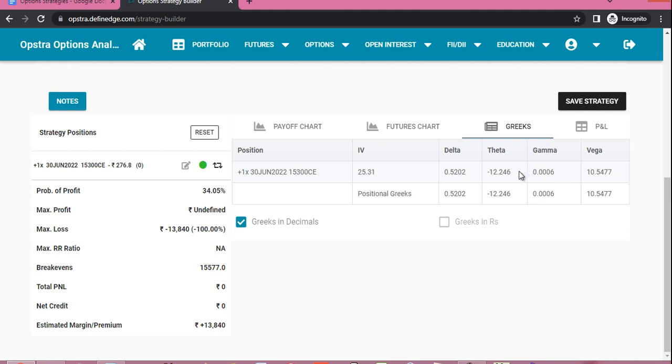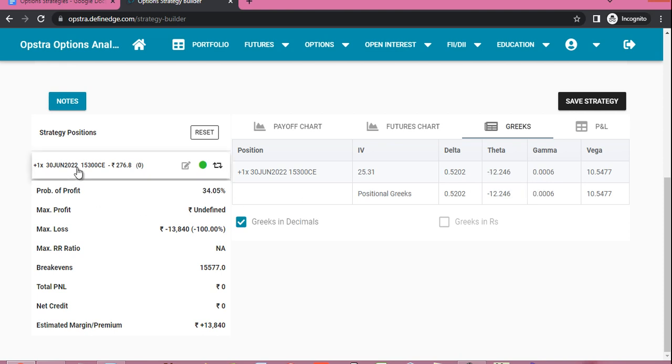Next Greek is Theta, which is minus 12.24. That means for each passing day, the Nifty's option price, which is presently 276, will decrease by 12 rupees per day. Since Theta is negative, it will work against you.